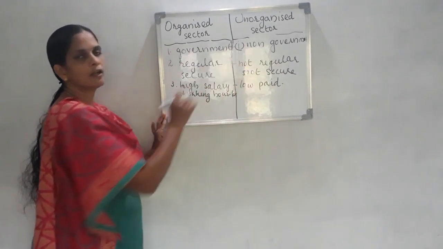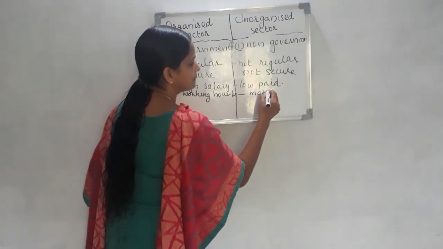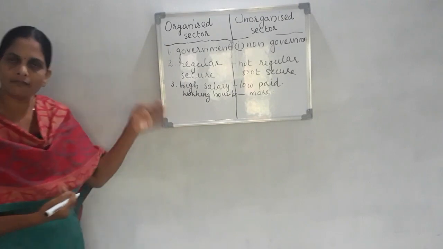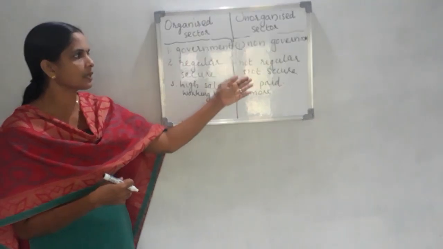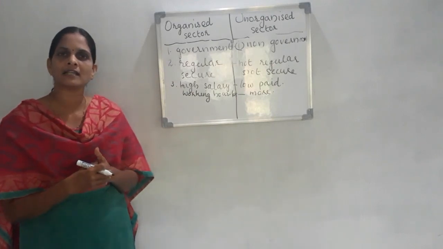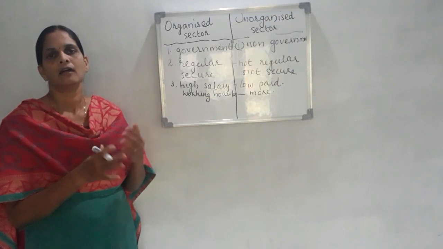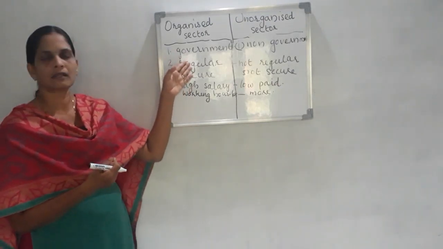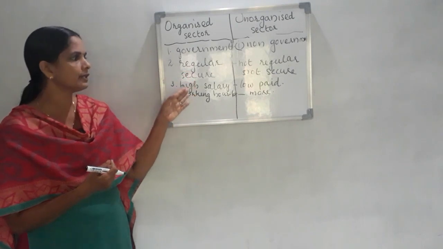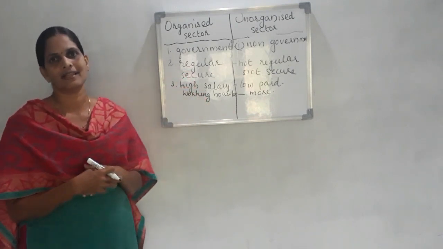But in the unorganized sector, pay is low but working hours are more. They work more, but they get less salary. There is no security for employment. That means workers can be asked to leave at any time, without any reason. But in the organized sector they have regular employment, they are secure, they get good salary, but working time is less.